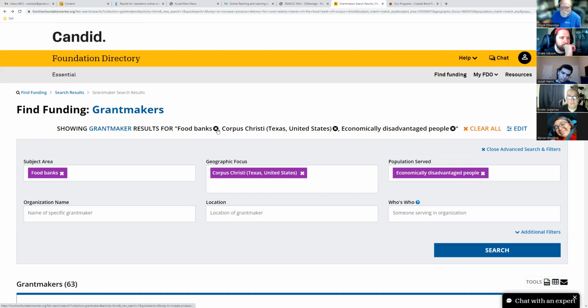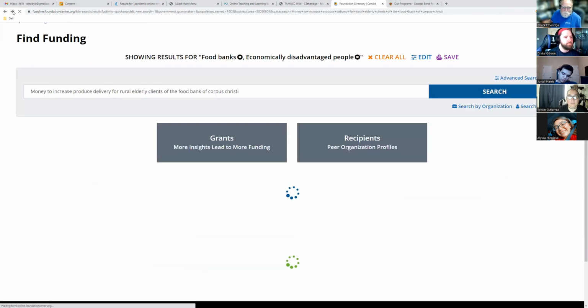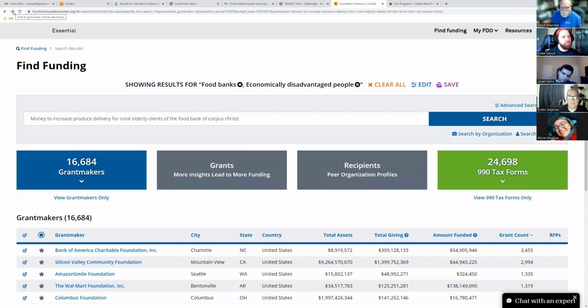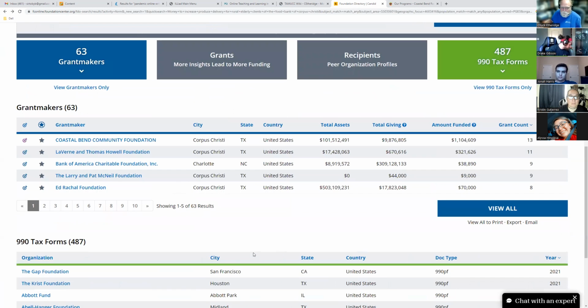Then we said money to increase produce delivery for rural elderly clients for the Food Bank of Corpus Christi. That gave us 16,000 sources, which Jonah didn't want to read all himself. So we decided we need to narrow that down a little bit. We added a couple of search words and we got it down to Corpus Christi, and we have 63 grant makers.